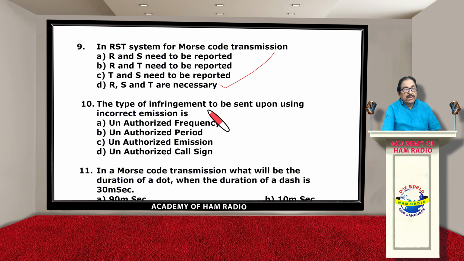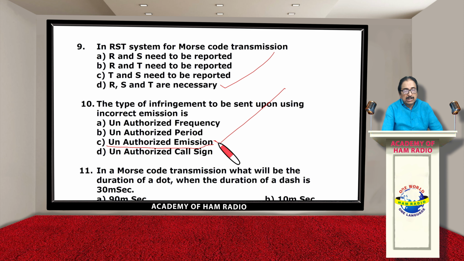The type of infringement to be sent upon using incorrect emission is... Here easily you can recognize this is incorrect emission, so naturally that is part of the emission. Here the options are frequency, period, emission, call sign. So naturally the answer is unauthorized emission, a type of infringement to be sent upon using incorrect emission.